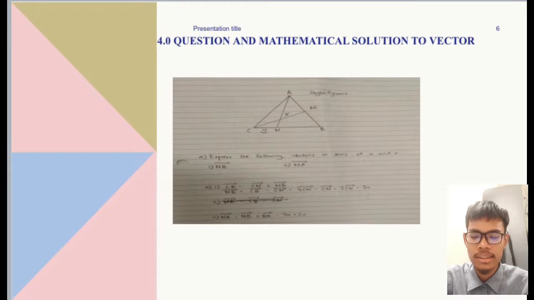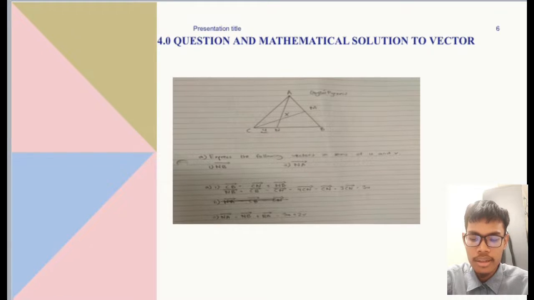Question A is to express the following vectors in terms of u and b. The vectors are NB and NA. The solution is quite simple. For the first question, vector CB equals vector Cn plus vector NB.